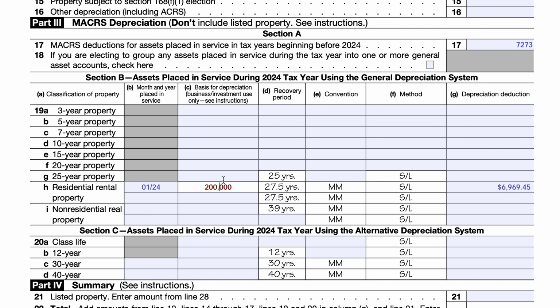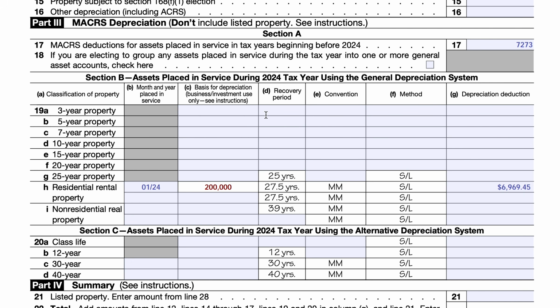So step 1 is to calculate the amount of your overall property value that you can actually depreciate, because land is not depreciable. Once we get the amount that we can actually put into depreciation, there are a couple of scenarios that come into play.